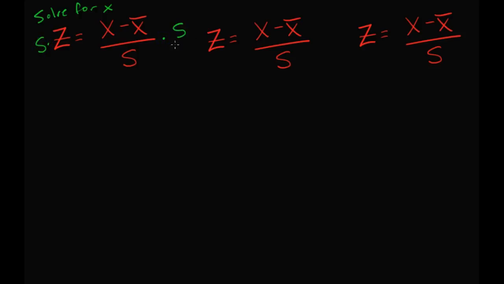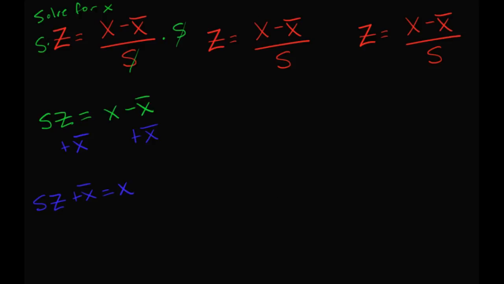This s and this s cancel each other out. We get sz is equal to x minus x bar. And then our next step would be to add x bar to both sides, and we get sz plus x bar is equal to x.